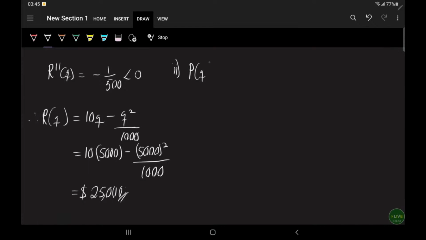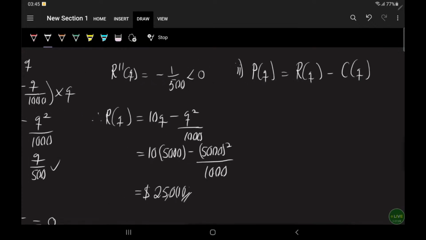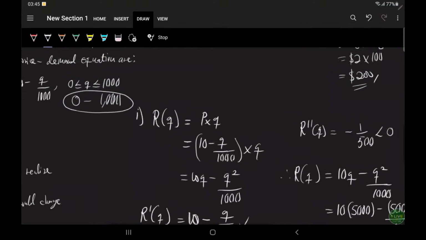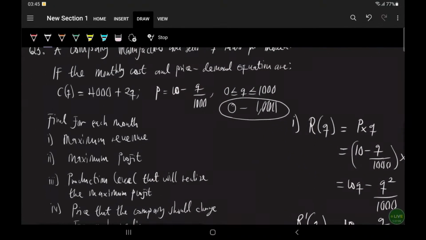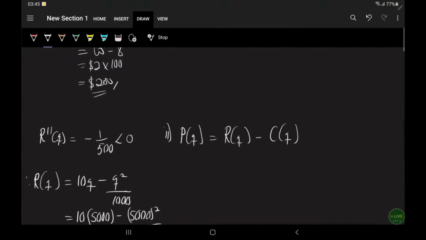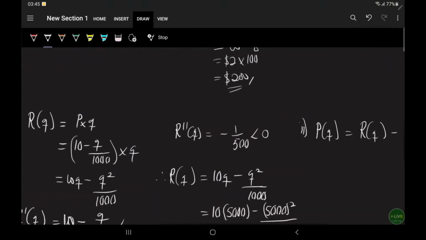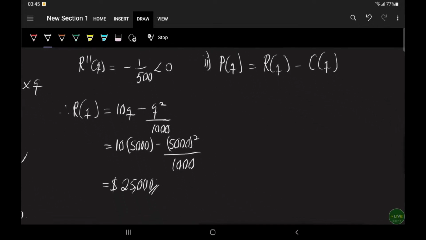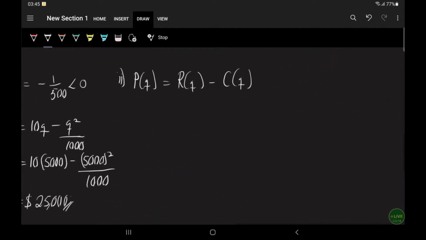In this case, the profit function is going to be our revenue function compared with our cost function. Isn't it so? Yes, that is true. Remember our cost function was given here as 4,000 plus 2q, and we are also aware of our revenue function to be 10q minus q squared over 1000.